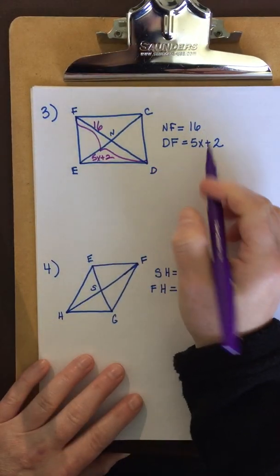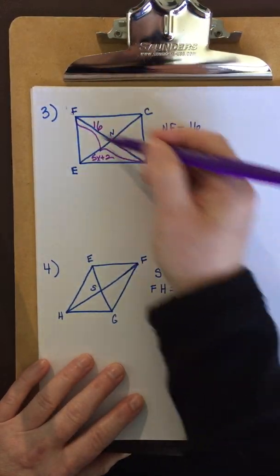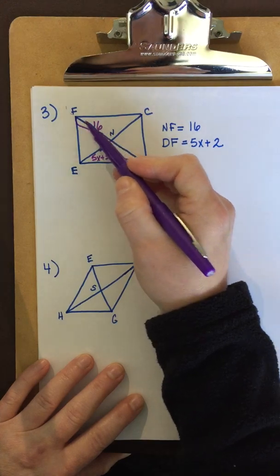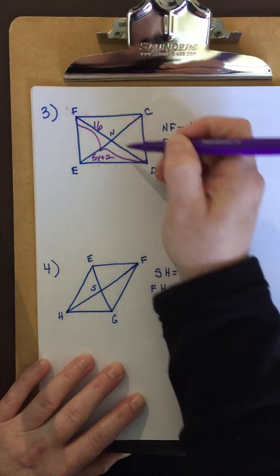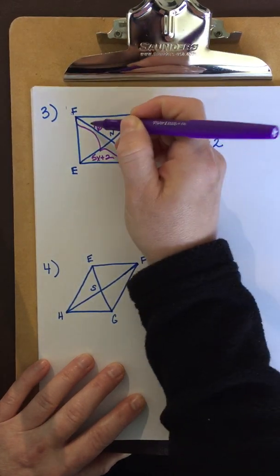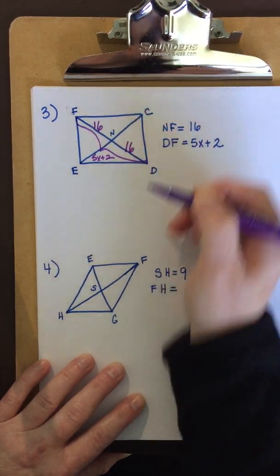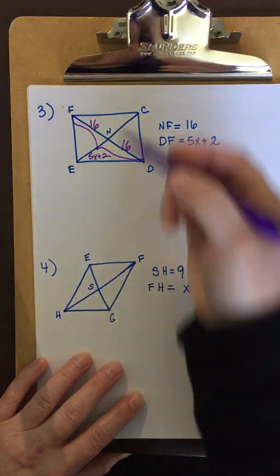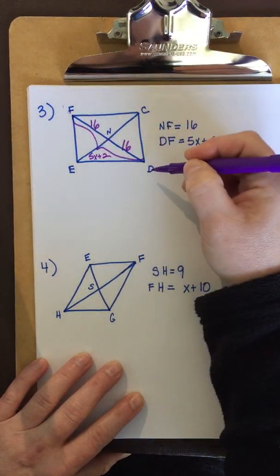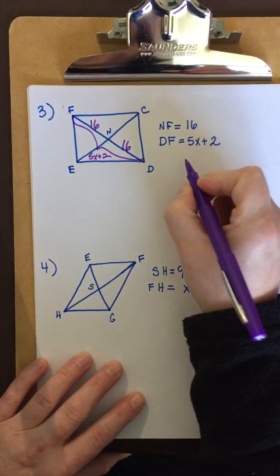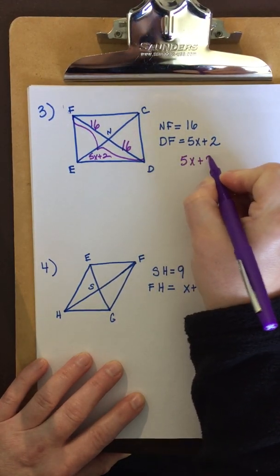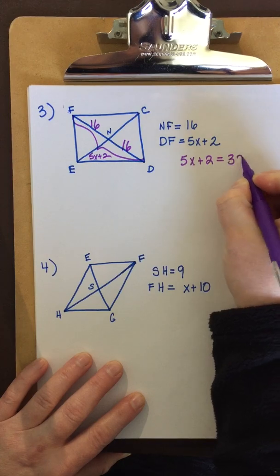So I can't just set these equal. They're not equal. This is the entire segment, and this is half of the segment, right? We know that these two sections are congruent. So if that's 16, this has to also be 16. So this entire segment must equal 16 plus 16, which is 32. So I would say 5x plus 2 equals 32.